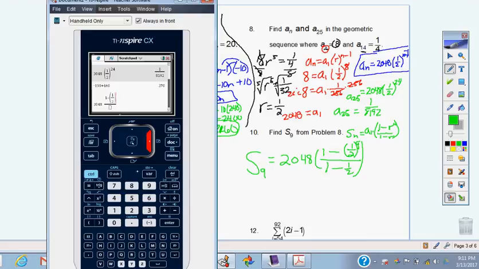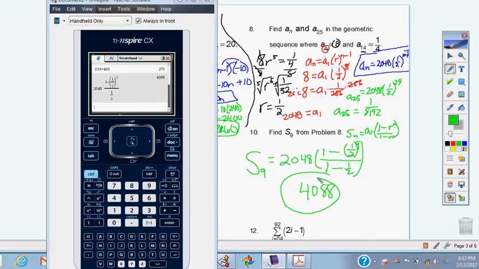So 1/2 raised to the 9th power, and on the bottom I'm just going to put 1/2, because we all know that 1 minus 1/2 is 1/2. We hit enter, and 4088 is what that comes out to for our answer to that problem.